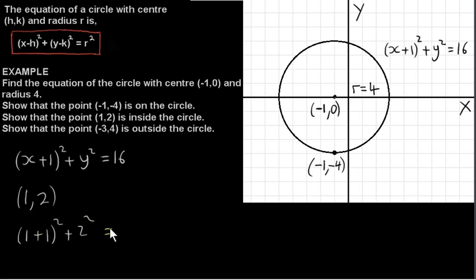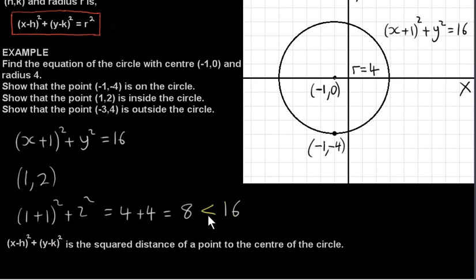We calculate all of this. 1 plus 1 is 2. 2 squared is 4, and 2 squared is 4, so we get 4 plus 4, which is 8. We notice that 8 is not equal to the right hand side, which tells us that the point (1, 2) is not on the circle, but 8 is actually less than the right hand side. So what does that tell us?